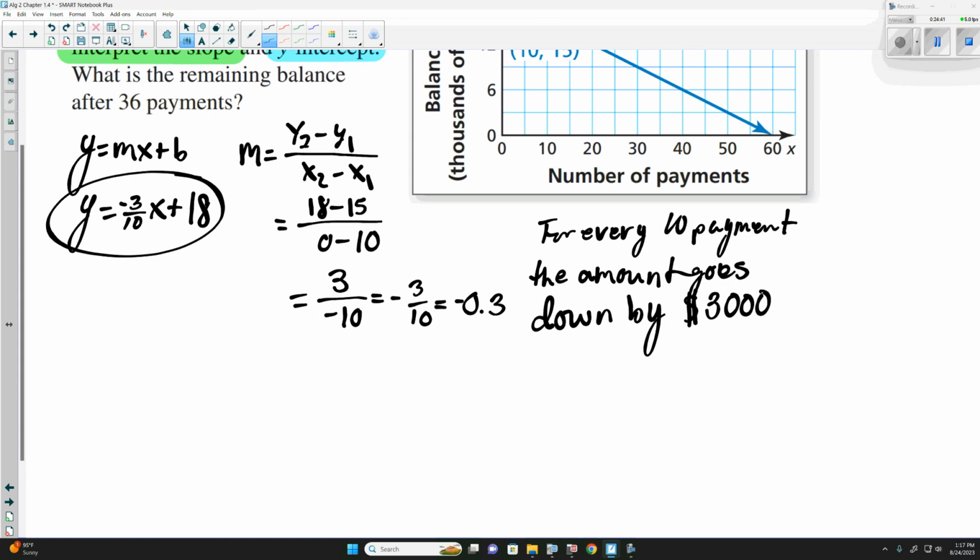Now, per month, it is going down by 300. So we could have also said for every payment, the amount goes down by $300. For every 10 months, it's going down by 3,000. Those are saying the same thing. We just can't mix them up, because I can't say for every 10 payments the amount is going down by $300, because that's not true. And I can't say for every payment the amount is going down by $3,000. The latter is true if you're making additional payments on top of the normal payment, but we have this here.